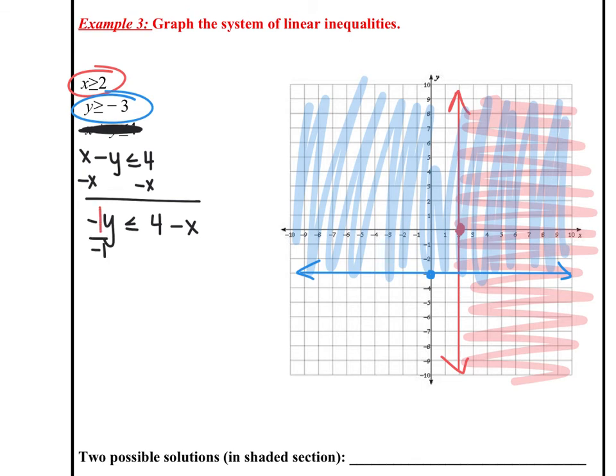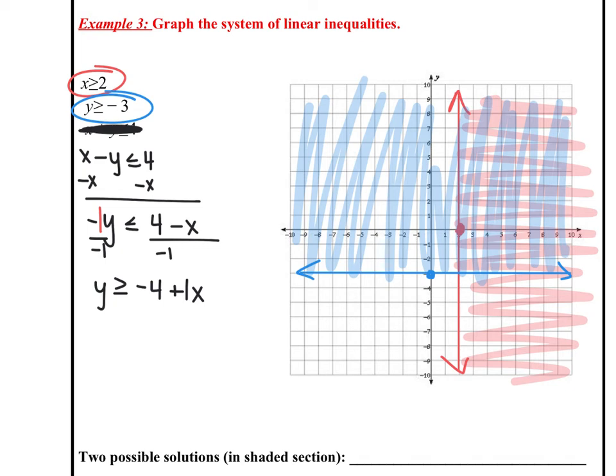So we'll divide by -1. Which means that my new equation is actually going to flip the sign because you divided by a negative number. So it's going to be greater than or equal to -4 plus 1x, because this is a negative divided by a negative.